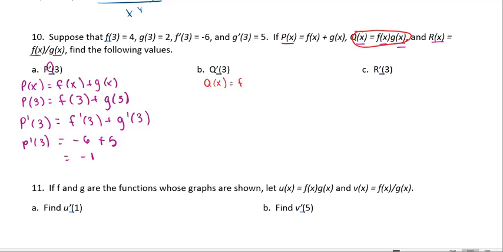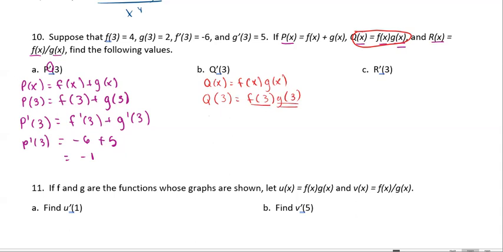We know that that is f of x times g of x. So if I want q prime of 3, then that's going to be our product rule. Let me back it up one step so that you don't get confused. Let's look at q of 3 first. Q of 3 will look like f of 3 times g of 3. This is a product. Here's our first, which is f of 3, and g of 3 is our second.